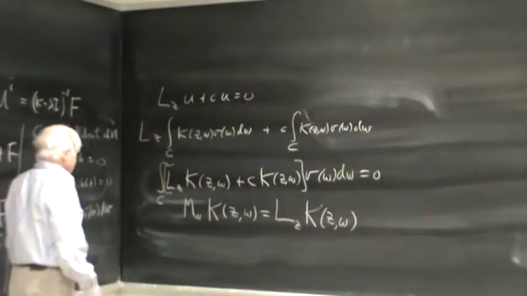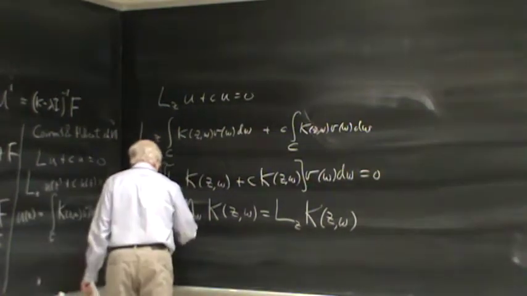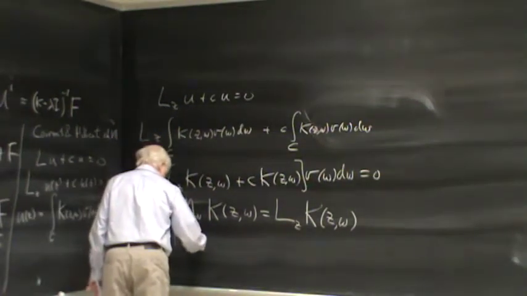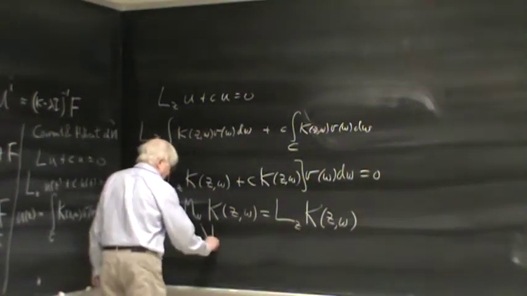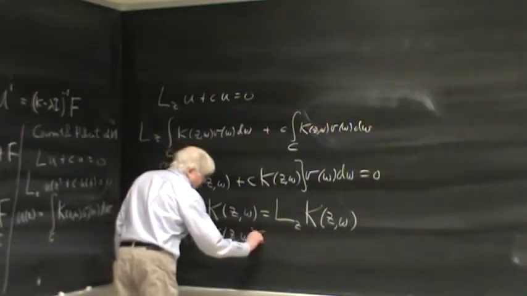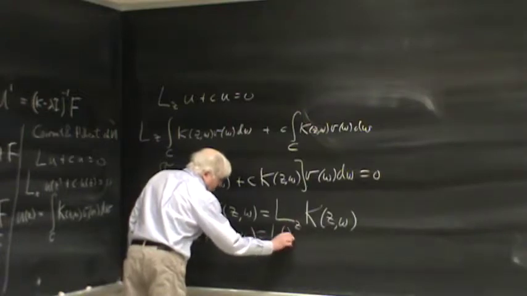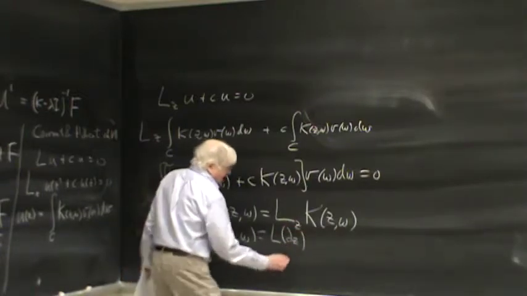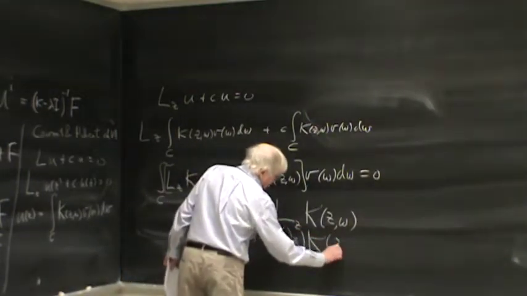In fact, maybe what I should have written is M of d/dW on K of Z and W is equal to L of d/dZ on K of Z and W.